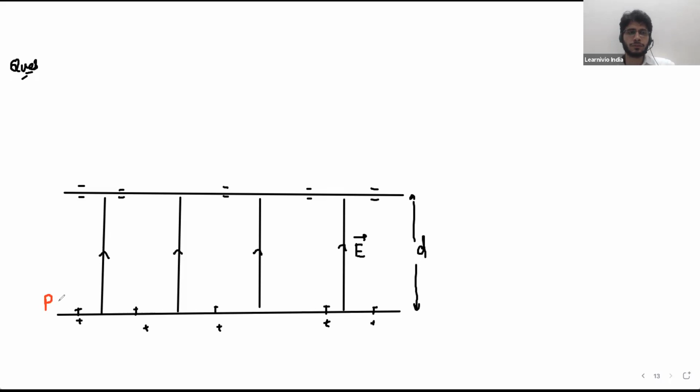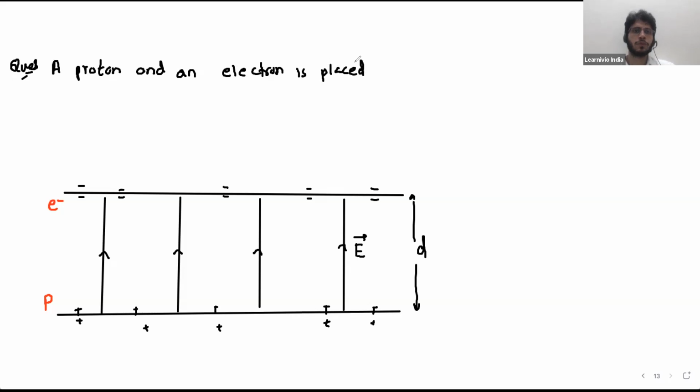What we did is, we put a proton here and an electron here. A proton and an electron is placed at rest near the positive and negative plate.